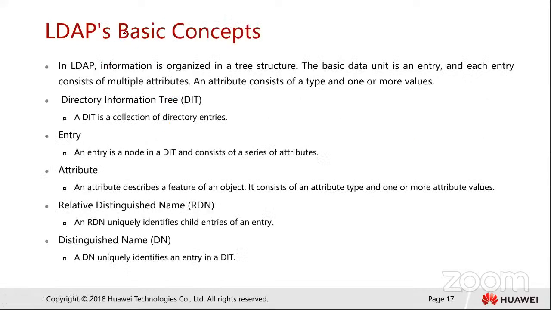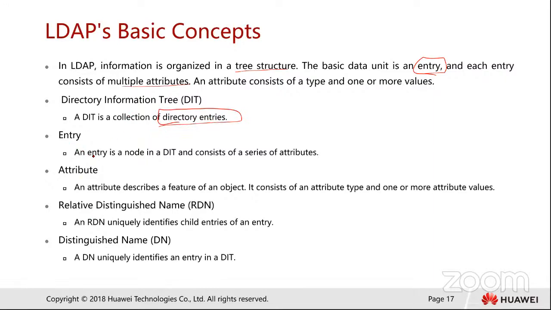So using the basic concepts, the LDAP information is organized in a tree structure. That's what you should know. The basic data unit is an entry, and each entry consists of multiple attributes. An attribute consists of a type and one or more values. The directory information tree is a collection of directory entries.